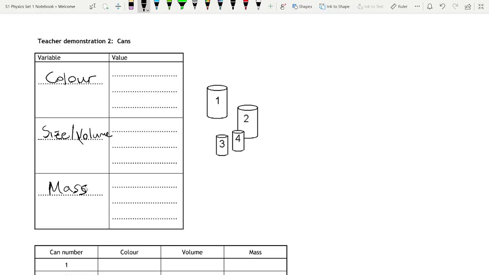Okay. Now, the values for colour, let me just remind you. What are the two values for colour? Red and blue.